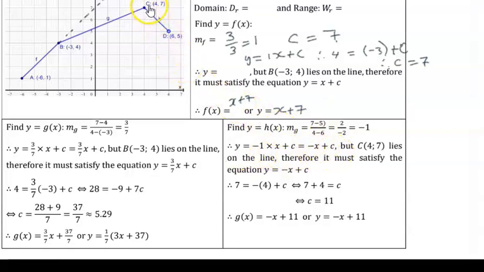I remind myself that 4, 7 and 6, 5 lie on this line.